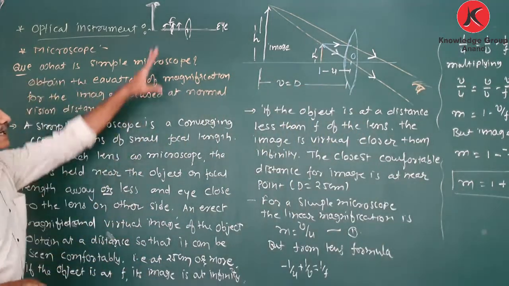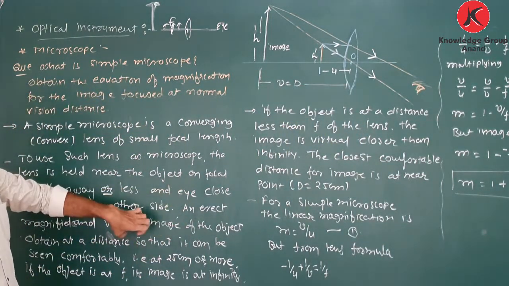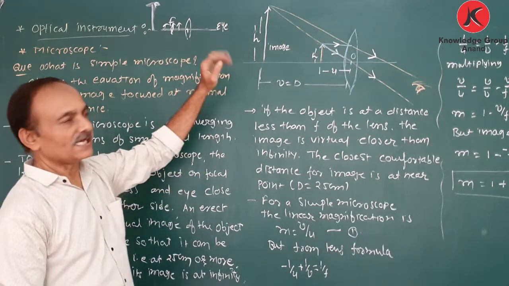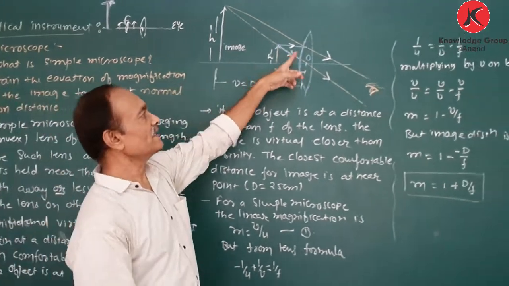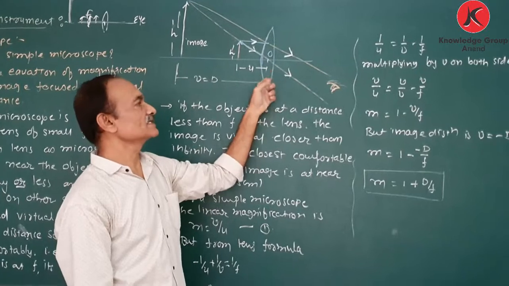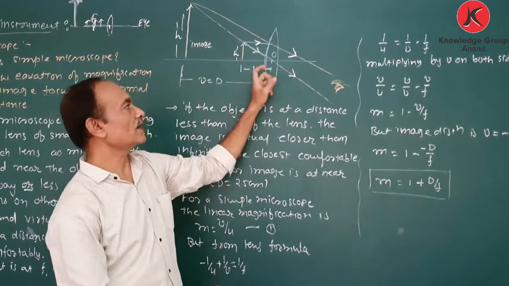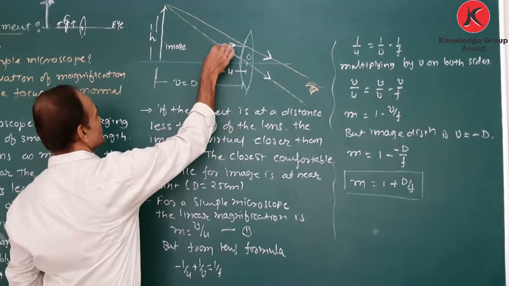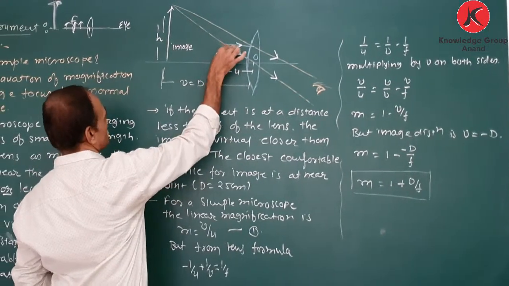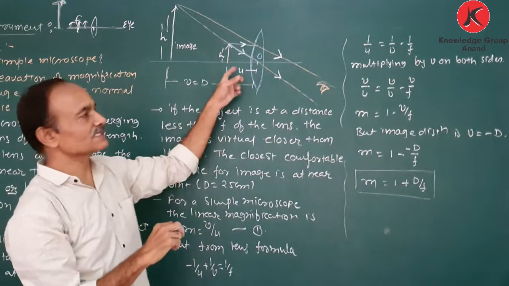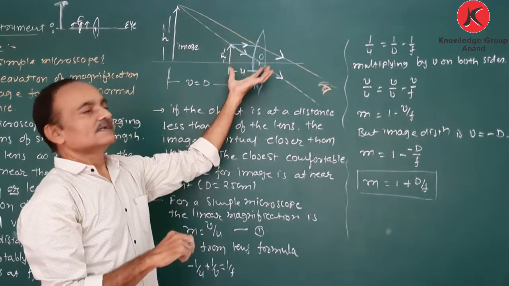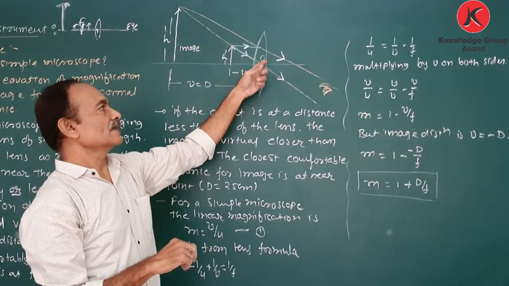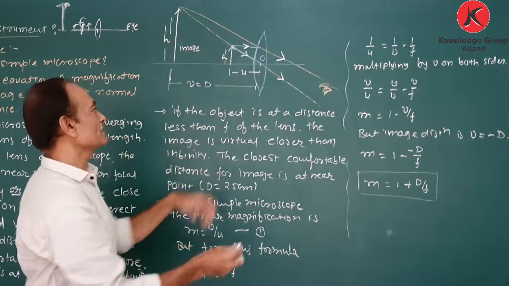So what is the figure for this discussion? Here is a convex lens, or converging lens, with small focal length, and this is the principal axis. The object is placed at a point on the principal axis between the optical center and the principal focus.